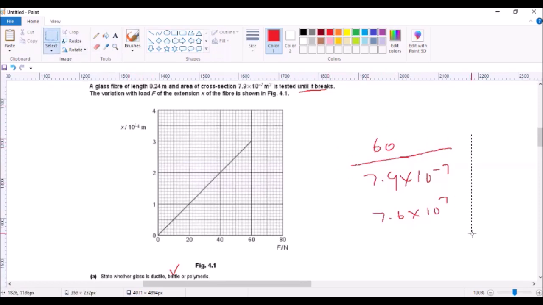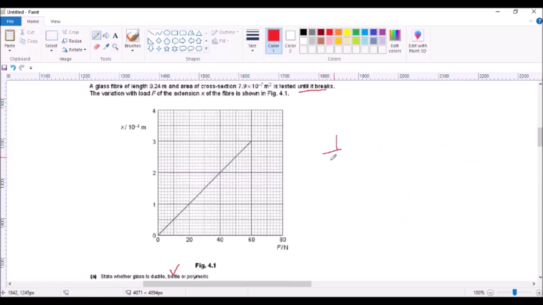So I would say half times base would be 60, times the 3 times 10 to the power minus 4.